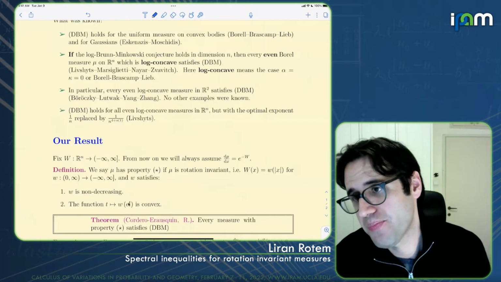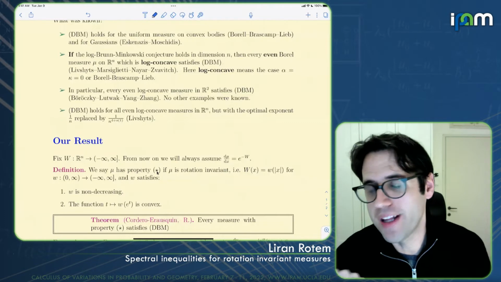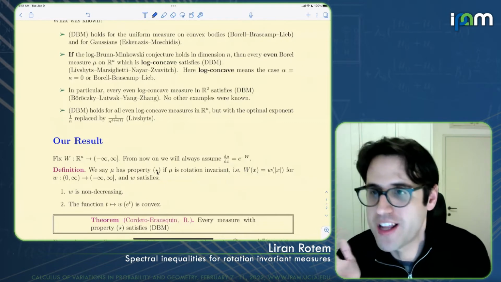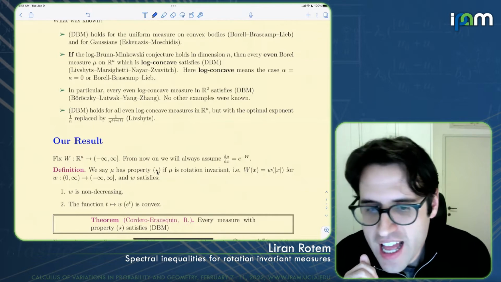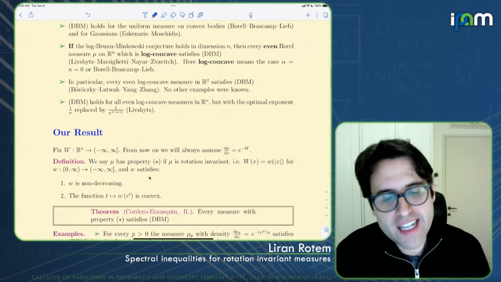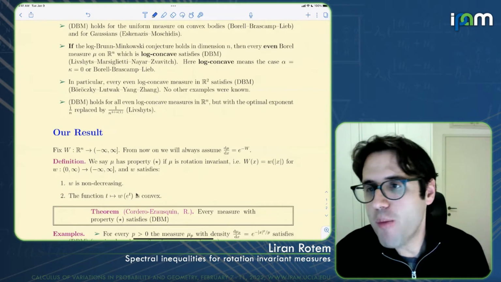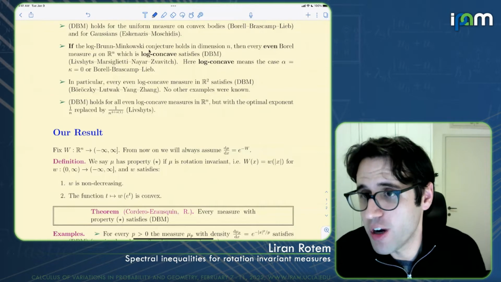This is weaker. And I don't have a good name for this class, so I will just call it property star, just for this talk. And the theorem that we proved is that every measure with this property satisfies this dimensional Brunn-Minkowski inequality.